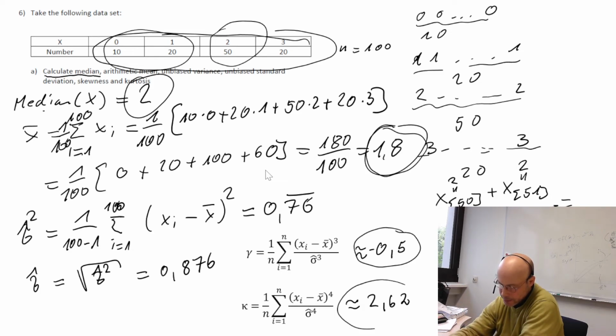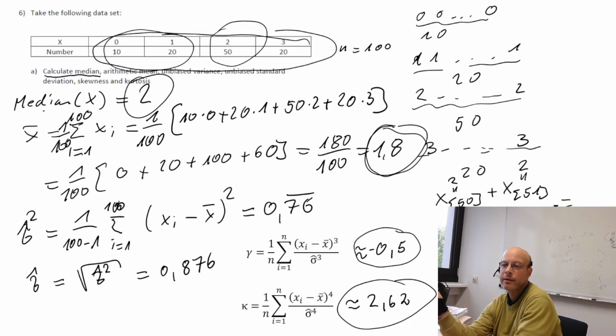And what does this number 2.62 mean? Well, there we have learned last time that the kurtosis of 3 would be the kurtosis of the normal distribution.